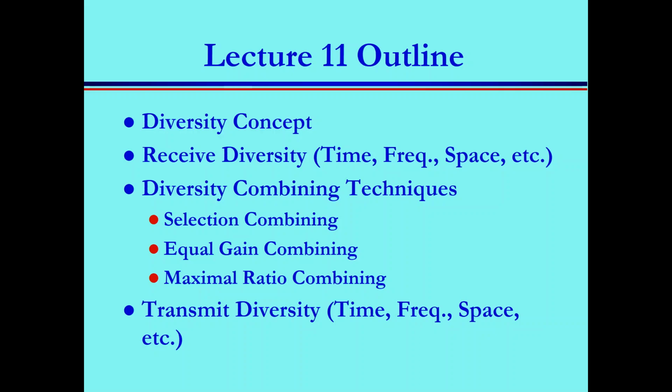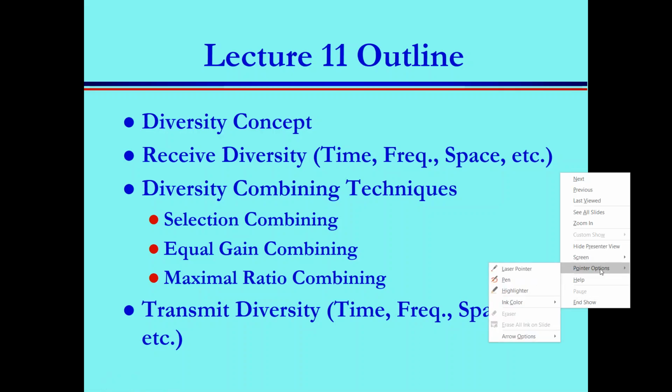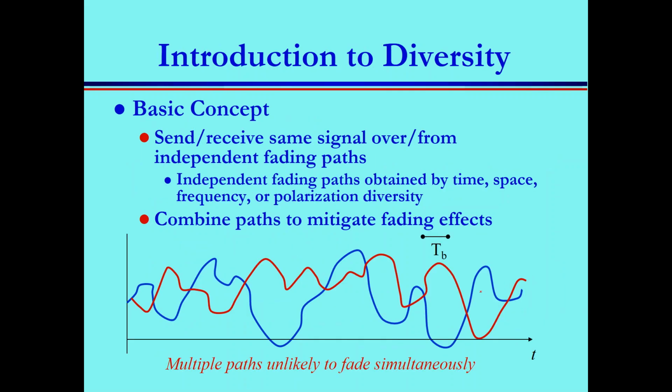Then after that, considering that you have a system that provides you with diversity, then how to make use of this in such a way that you improve your performance by using techniques like selection combining, equal gain combining, maximum ratio combining, and interference rejection combining as well. So basically this is what we will be learning in this lecture.